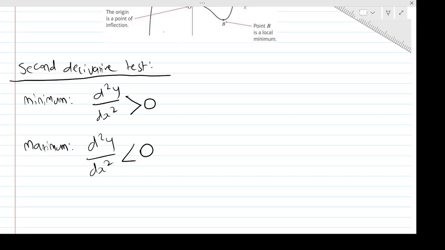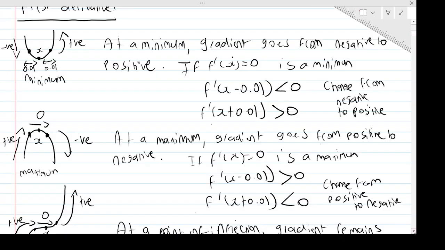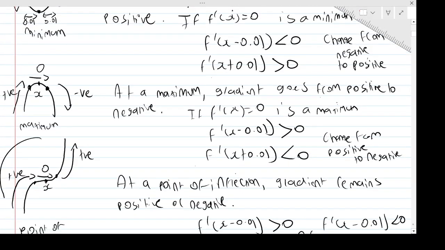Now, for my point of inflection, as we saw with this particular example anyway, the gradient is positive and it keeps being positive, right? It doesn't change. There's no change. It remains positive or negative either way at that point of inflection.